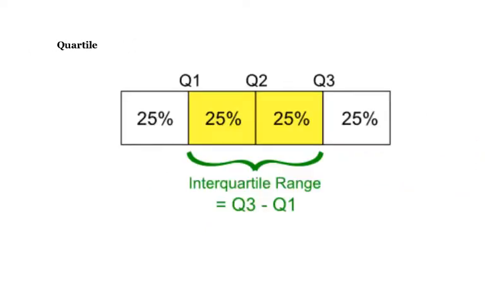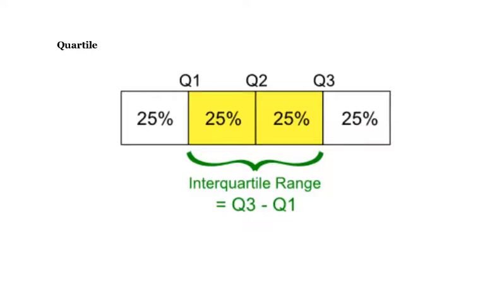Another measure of position are quartiles. You might have heard of this before. Instead of looking at percentiles, we're talking about quartiles. Quartiles comes from the word that means four, like quarters. There's 4 quarters in a dollar. So it's cutting up our percentage of 100% into 4 quarters. Each quarter is 25%.